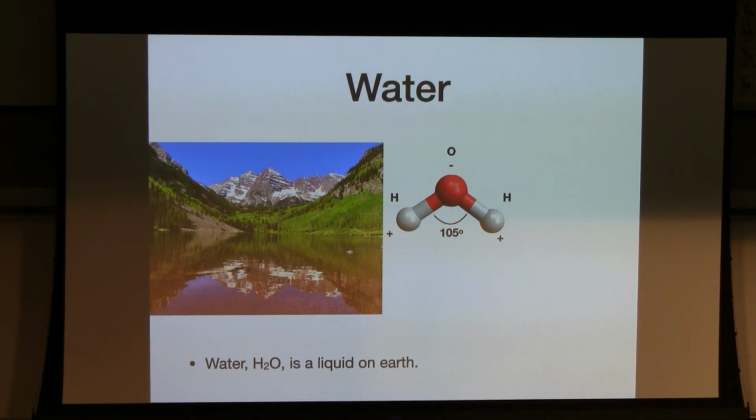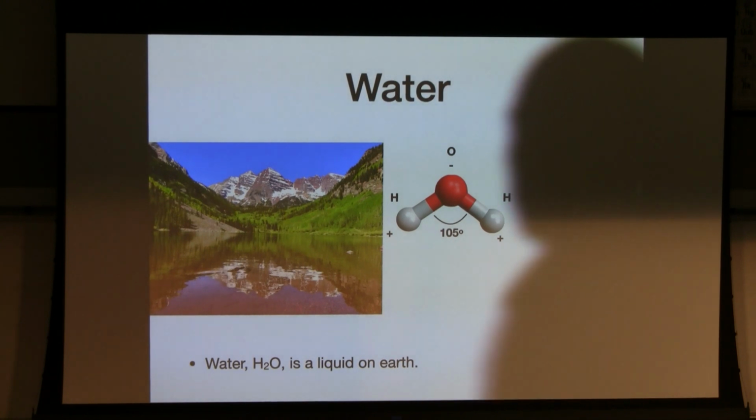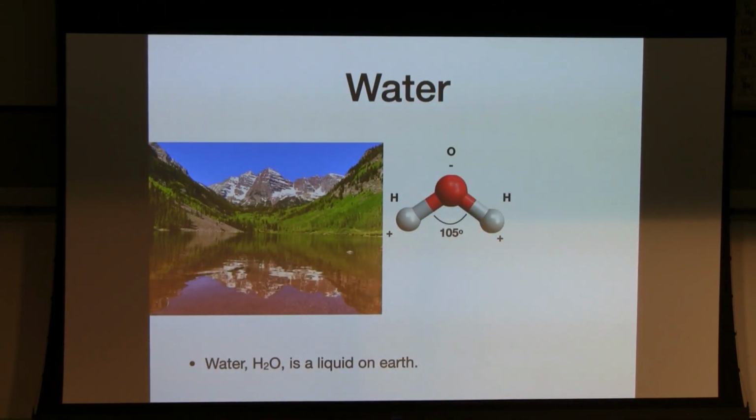If it weren't polar and didn't have this structure, it would not be liquid on Earth. Most light molecules are gases at standard temperature and pressure. But these bond much more strongly to each other because the positive ends can get close to the negative ends and form hydrogen bonds, which make them like to hang out close to each other. So this is really the most important feature.